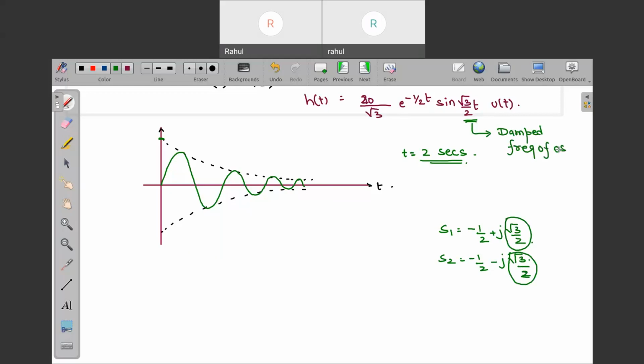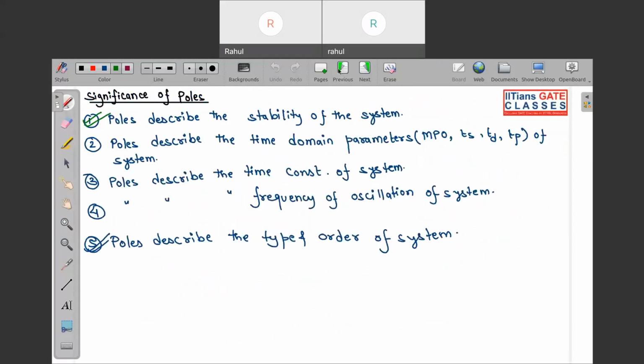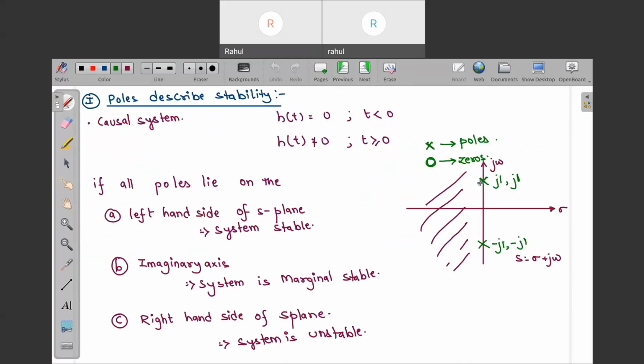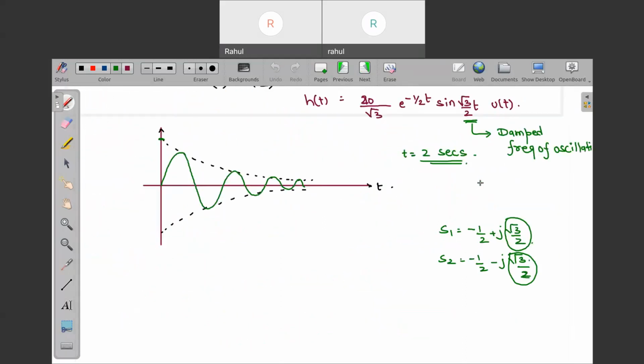I have written one point, you can see in point number 3 or point number 4, I guess, that poles describe the frequency of oscillations of the system. So the imaginary part of the poles describes your frequency of oscillation, whereas the real part describes the time constant of your system.